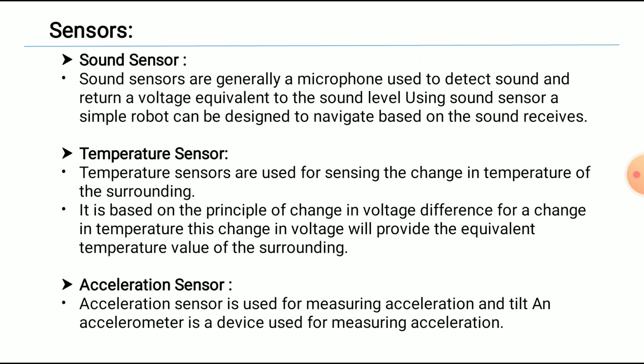This change in voltage will provide the equivalent temperature value of the overall surroundings. And the last one is the acceleration sensor. The acceleration sensor is a device used for measuring acceleration and tilt.